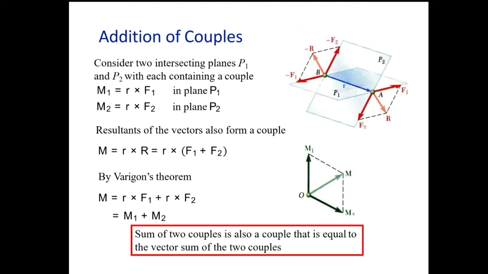Along the P2 plane there is the action of forces F2, positive and negative. So you can see the moment for the P2 plane will be M2 equals r into F2. Now let's find the resultant moment vector, the moment of the resultant of these two forces.